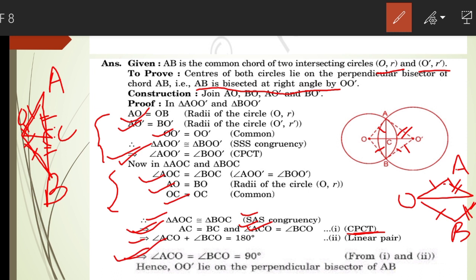So each of the angles at C becomes 90 in the individual triangle, and also the point C divides AB into two equal halves. So this concludes that AB is bisected by OO dash at 90 degrees. So from equations 1 and 2 we can conclude that OO dash lies on the perpendicular bisector of AB.